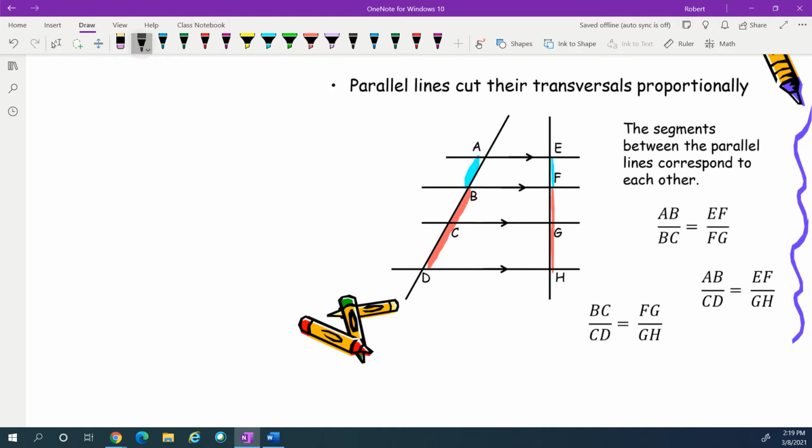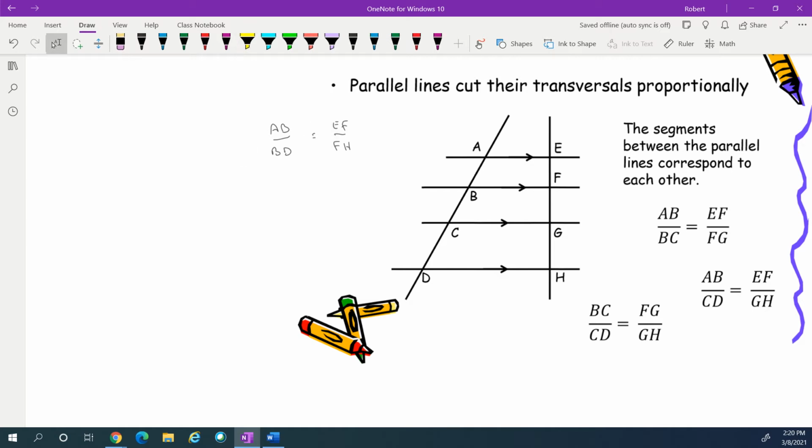So this could easily be AB over BD, EF over FH. Once you grasp the corresponding parts, setting up the proportion will be very simple for you.